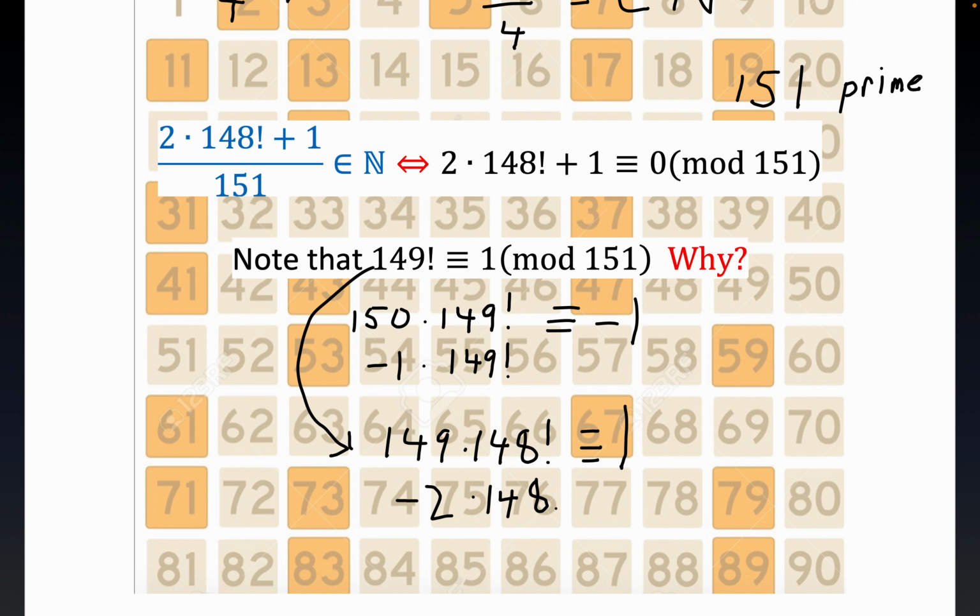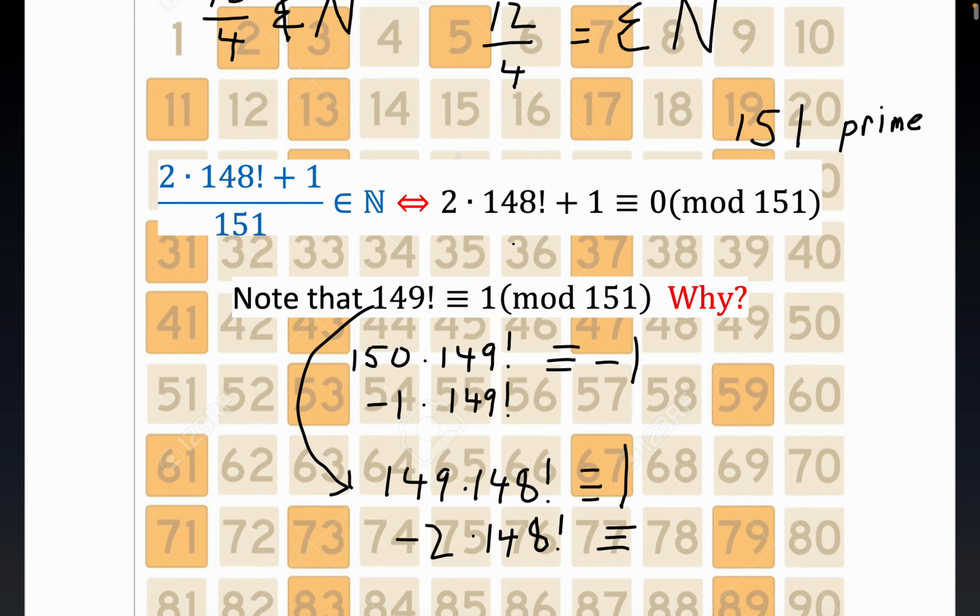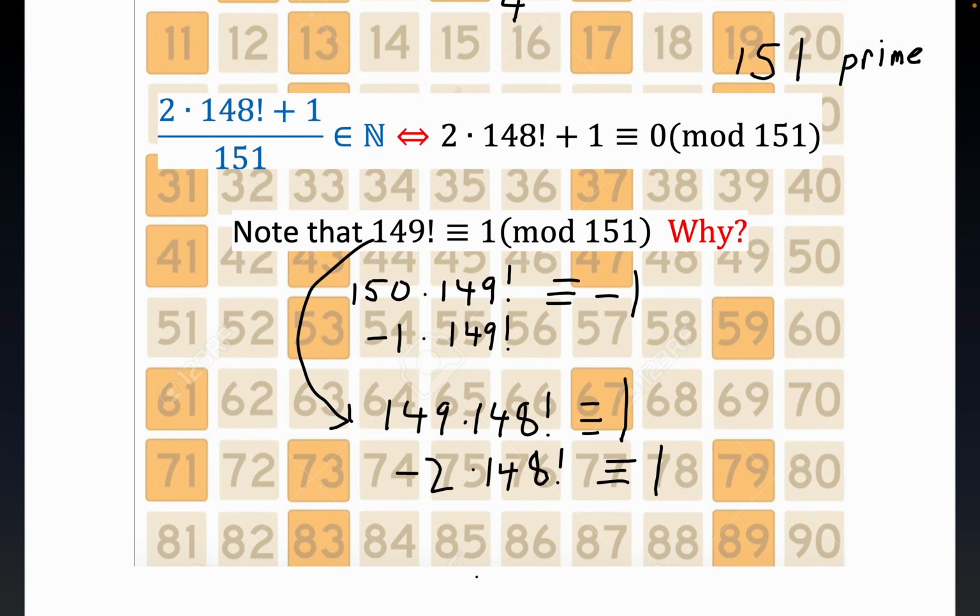Okay, is congruent to 1. But notice, that's not what we're looking for, right? We have this, but notice that if you multiply through by the minus sign and bring it to the other side, you'll get 2 times 148 factorial.